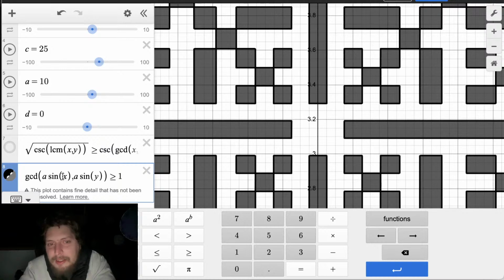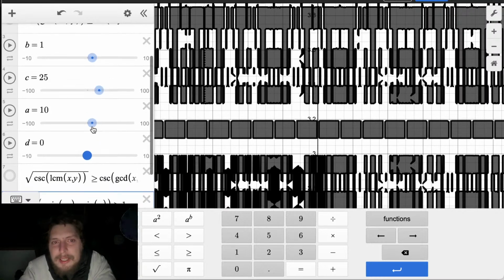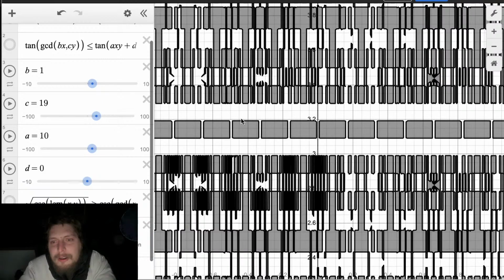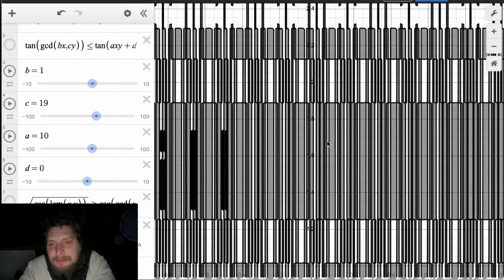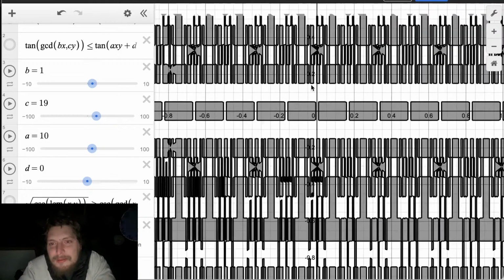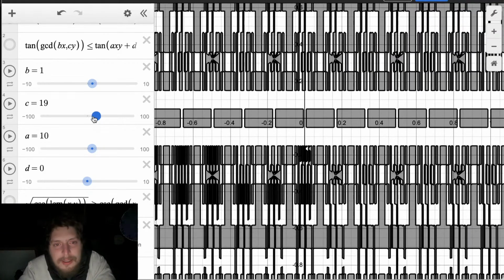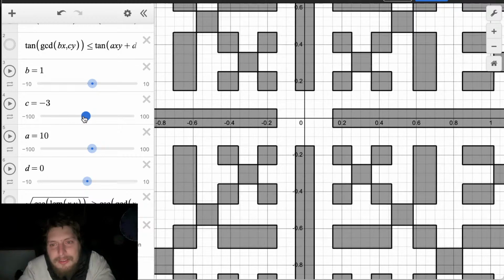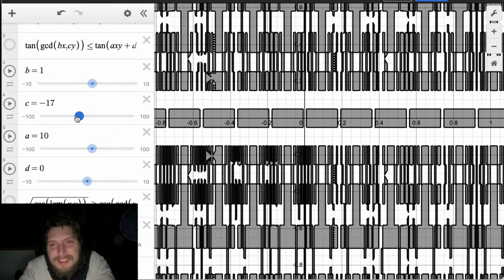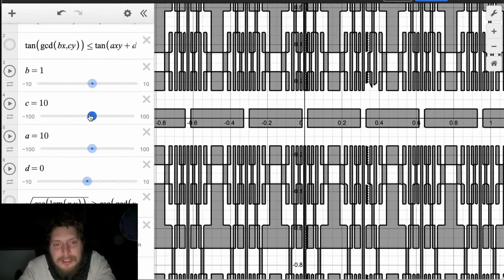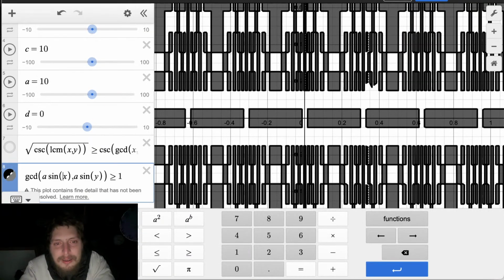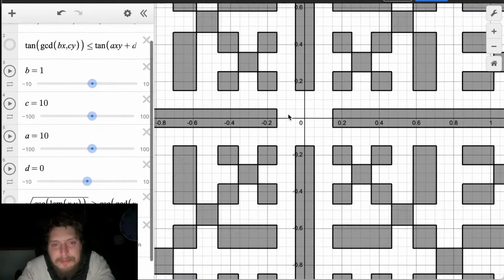Let's now instead try throwing C in one of these. Whoa, that got maybe too crazy. Where's the origin? Okay. So, C will get smaller. Okay, yeah, C does some strange crunching and combining. So, C there messed up a little too much.